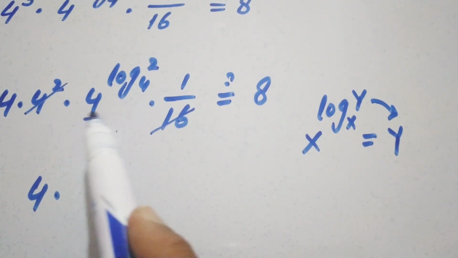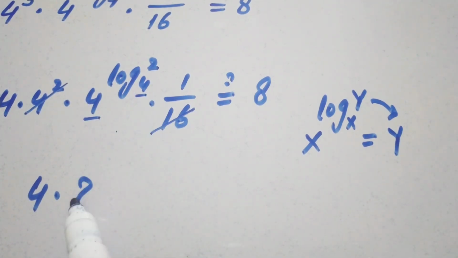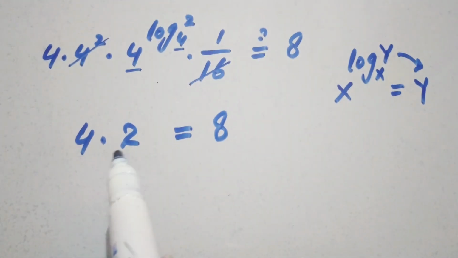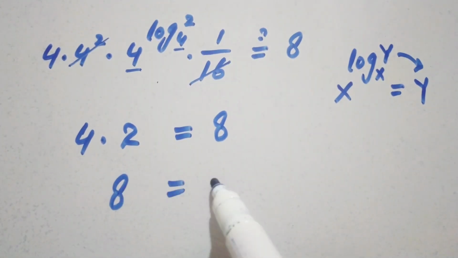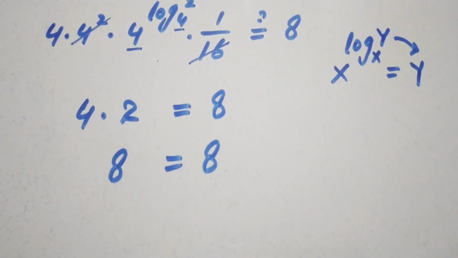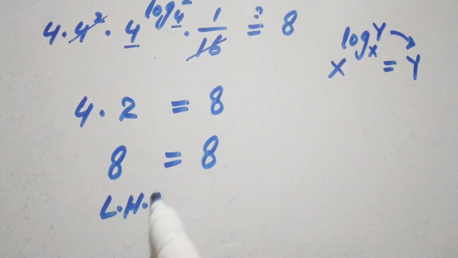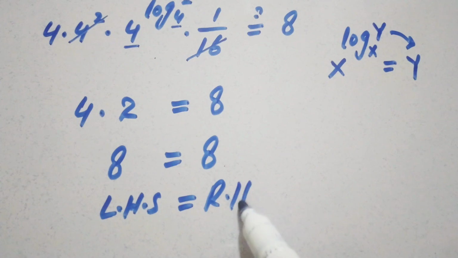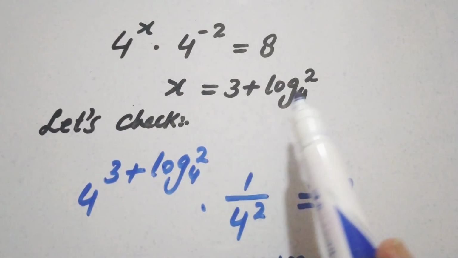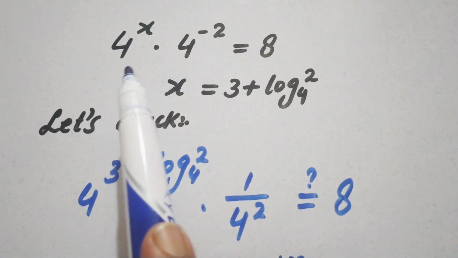Using this property here, 4 and 4, so this will become 2. Now 4 multiplied by 2, which is 8, is equal to 8 at the right hand side. So we have left hand side equal to right hand side. Hence the value of x, 3 plus log 2 to the base 4, is valid for the given expression.